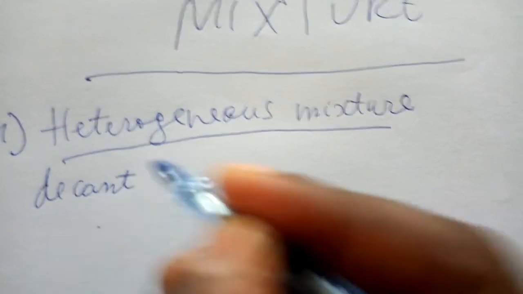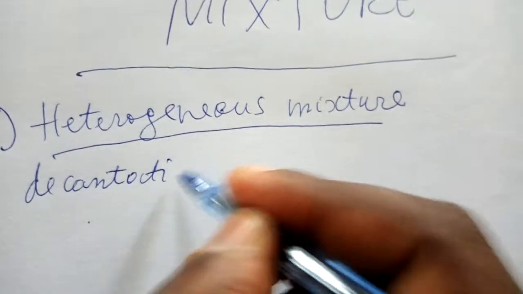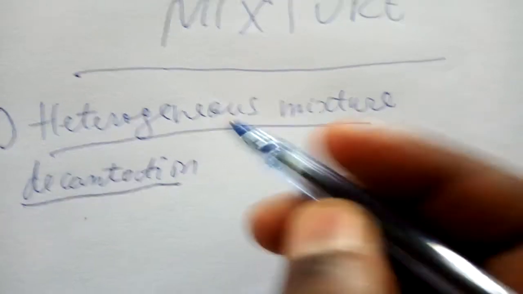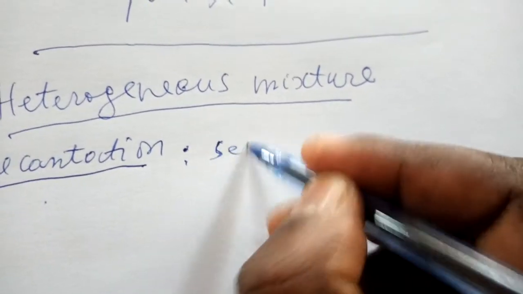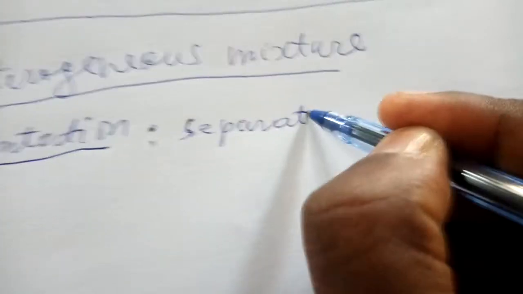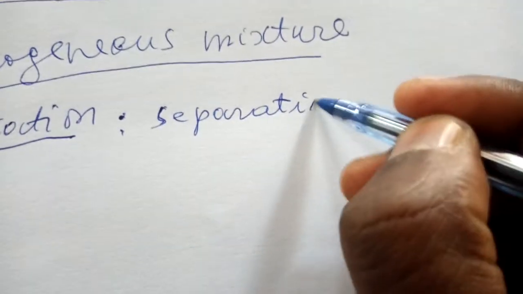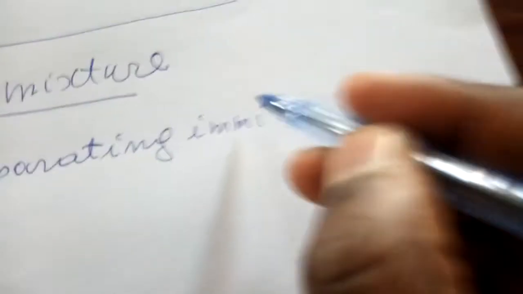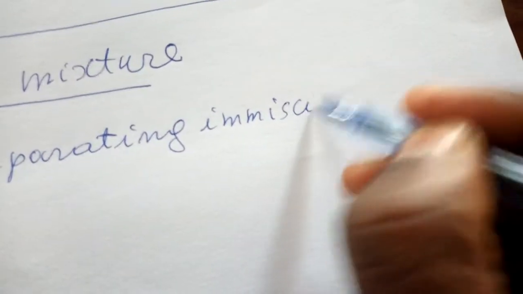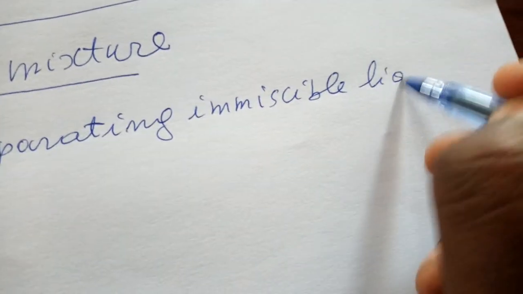We can take some examples. Decantation is the way of separating immiscible liquids.